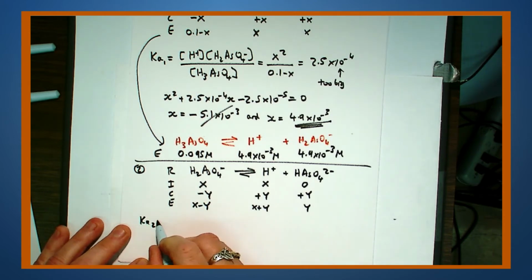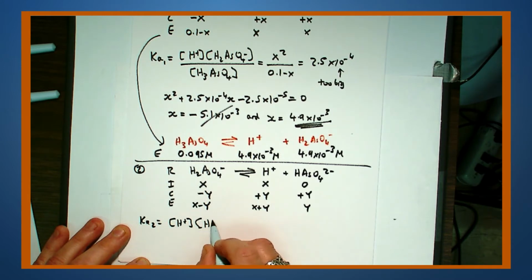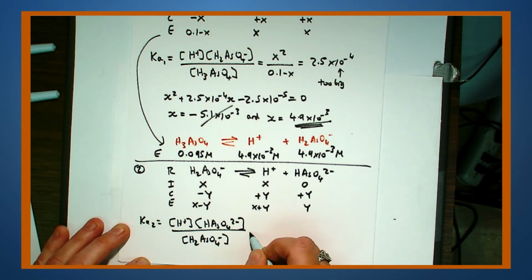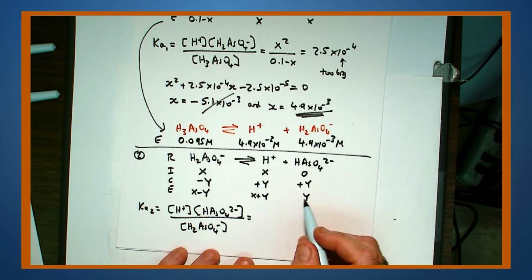Ka2, that's going to be H plus times HAsO4 2 minus over H2AsO4 minus, and that is going to show up like this.